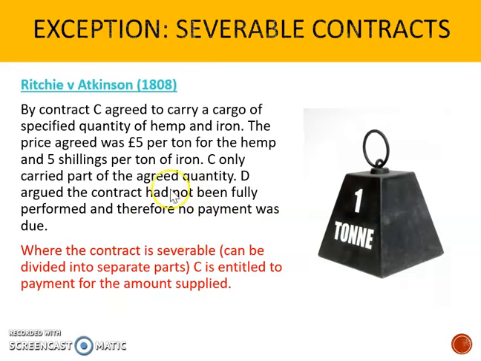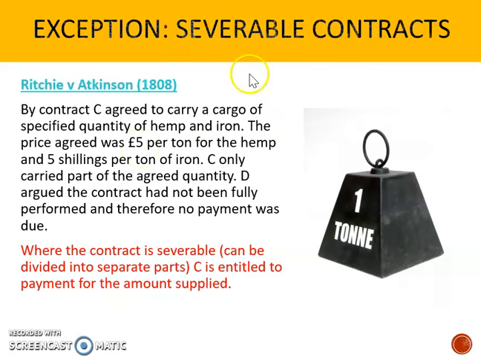And the defendant was trying to argue Cutter and Powell, if you like, that he shouldn't have to pay anything because he hadn't supplied all of the amount agreed. However, the court said that the contract is severable. So because the price agreed was per tonne, the claimant was entitled to payment for the amounts supplied. And again, I think that's a logical rule. It's really easy for the courts to say, okay, well, he supplied 1 tonne, so he gets a £5.